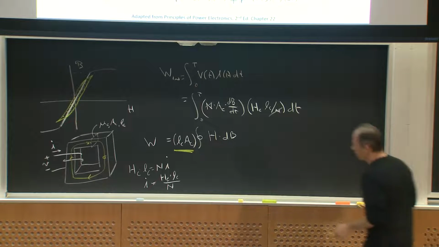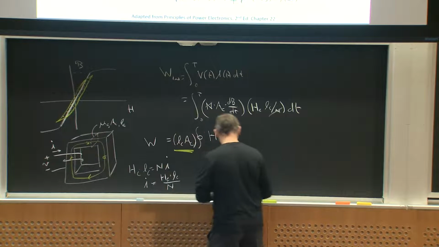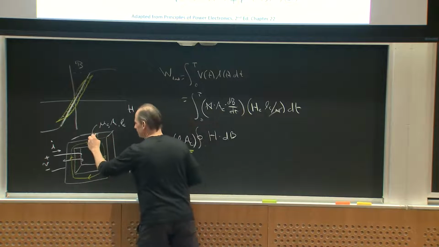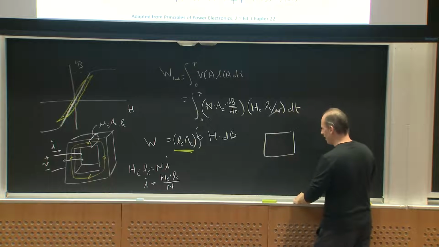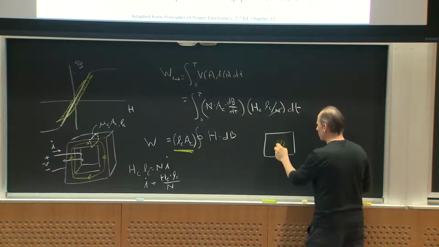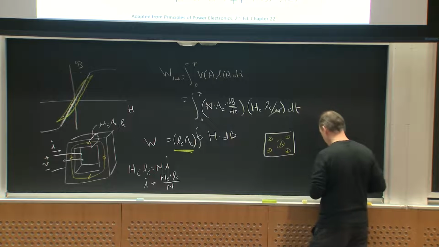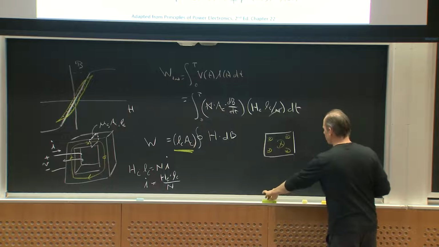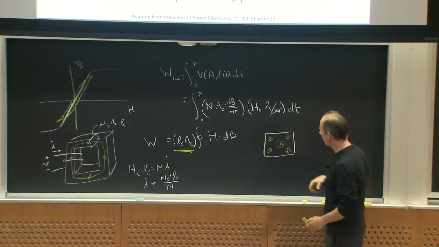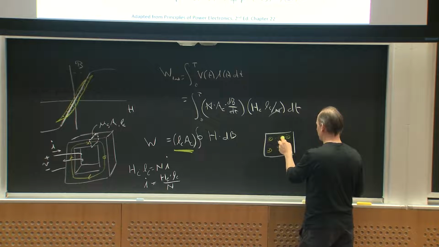And so if I looked at this cross section that I drew here in white, what I would get is I would have some flux going in like this, right? And what would that do? If I have an AC flux, dB/dt, I'm going to generate a field inside the conductor that does this.